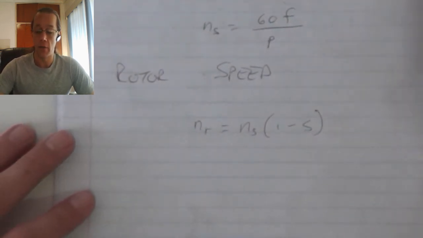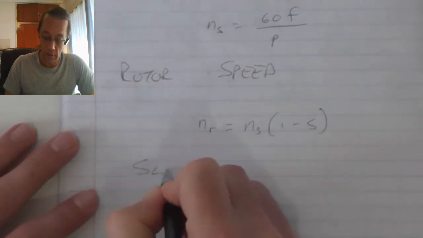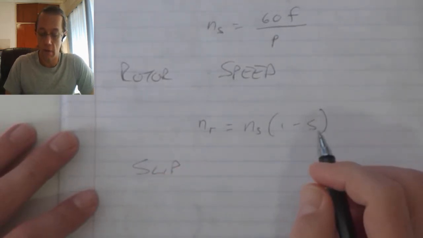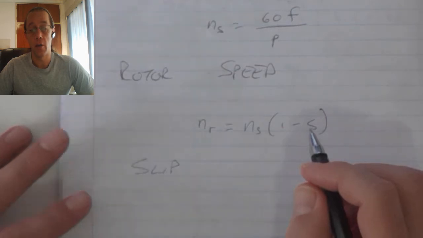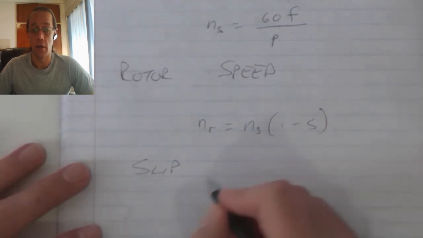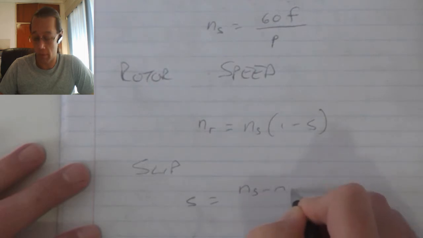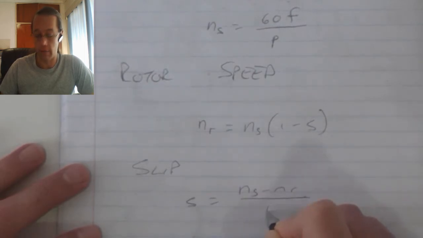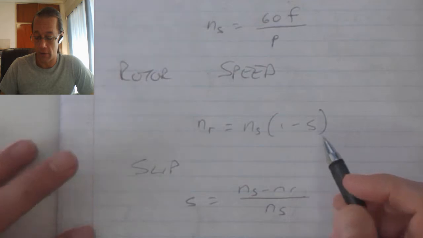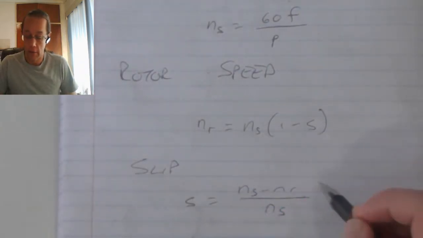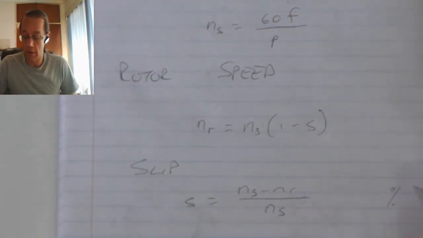Now slip is the difference between the actual rotor speed and the synchronous speed. S is equal to (Ns minus Nr) divided by Ns. Okay, this is expressed as a percentage value.